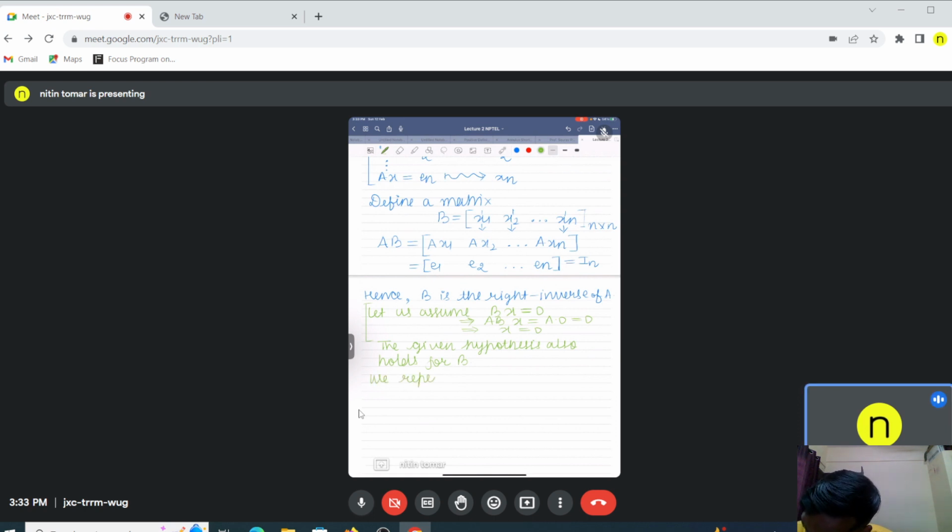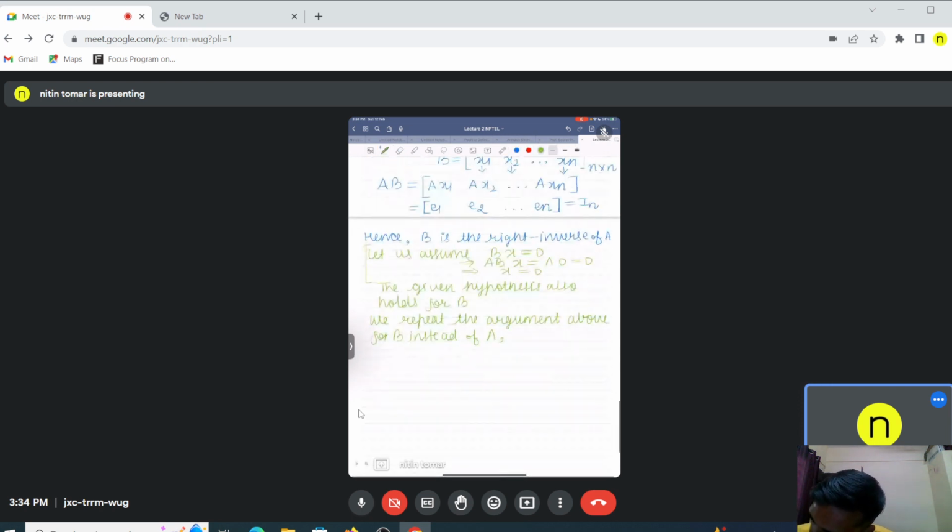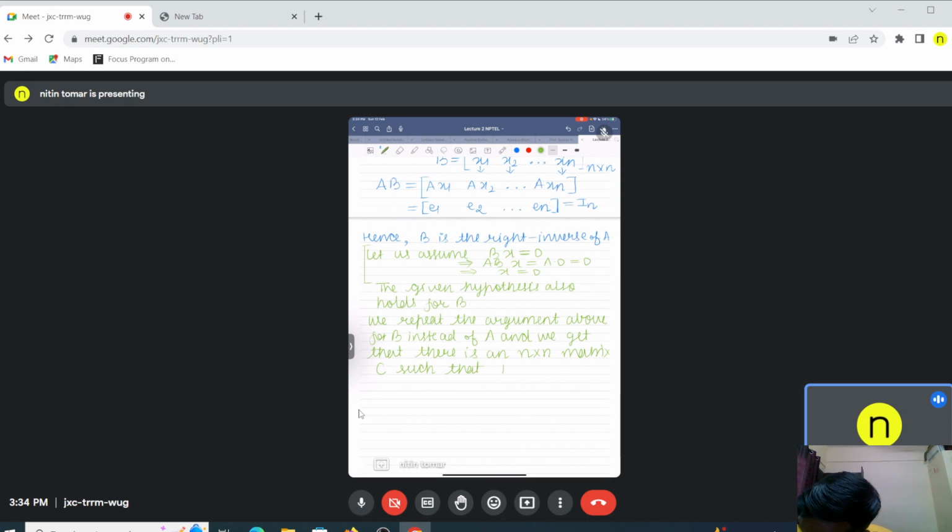So if we repeat the argument above for A, for B instead of A, can I say that we get that there is an n cross n matrix C such that BC is identity?